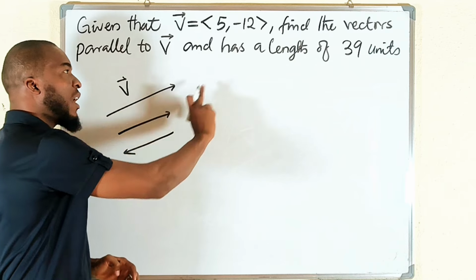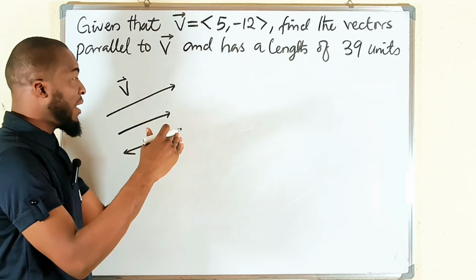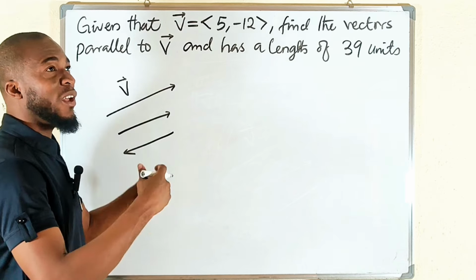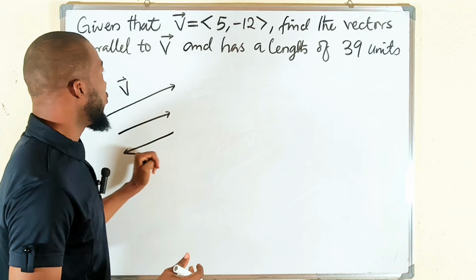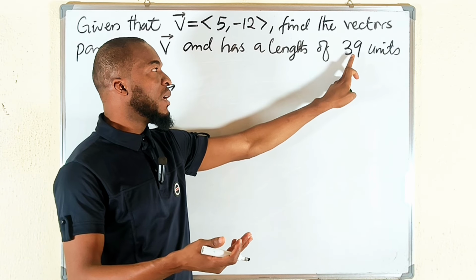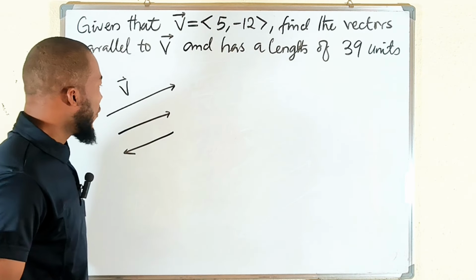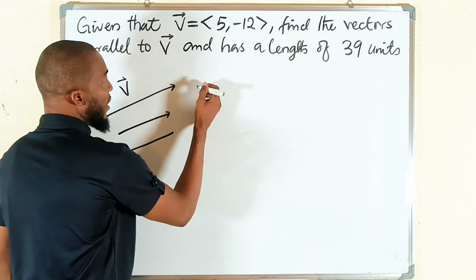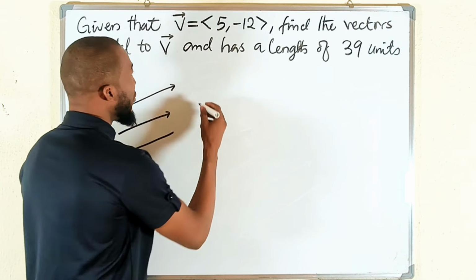No matter where they get to, they will never meet. This is why they are parallel. But whether they are 2 or 1, we want to make sure that the vector has a length of 39 units. So first of all, let us determine the length of this particular vector v to see whether they have the same length or not.